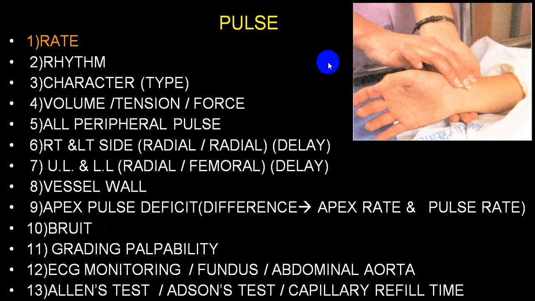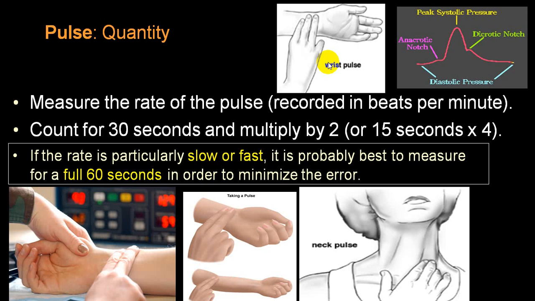So I'll start with the rate. The best way of palpating the pulse is by the 3-finger method. The person should be in a supine posture. Apply gentle pressure.